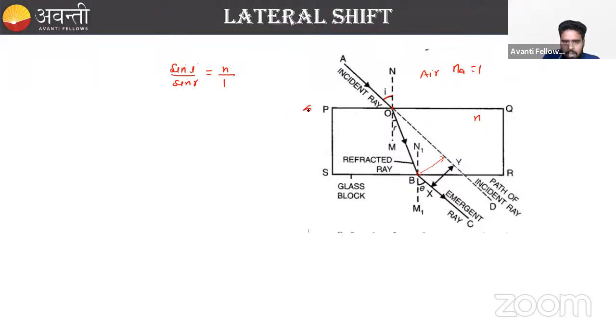If we consider the thickness of the glass as t, and write down Snell's law for both surfaces, surface 1 and surface 2, then we can find the value of the lateral shift, which is also represented by x here. The shift is written as t sine(i minus r) divided by cos r.